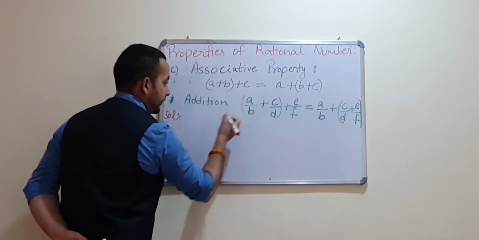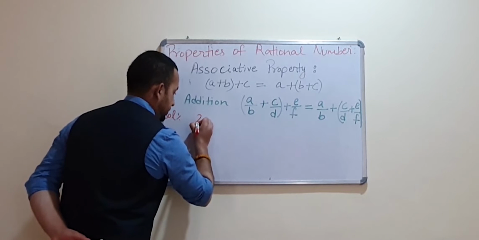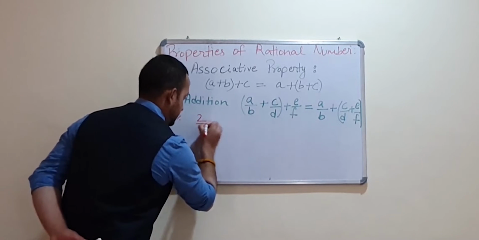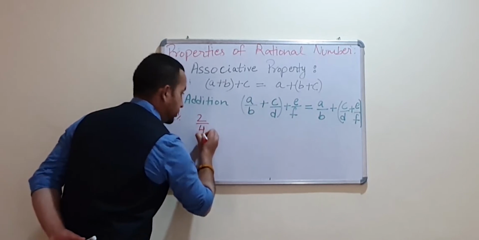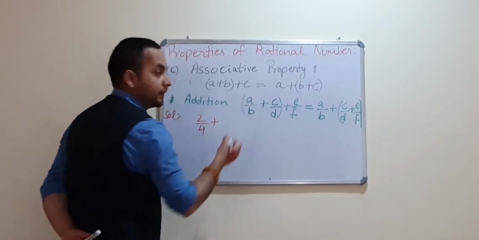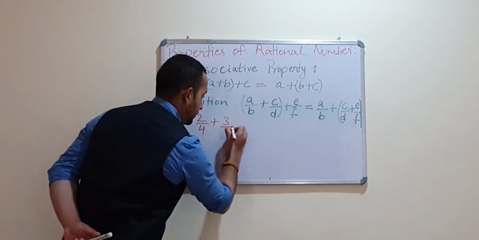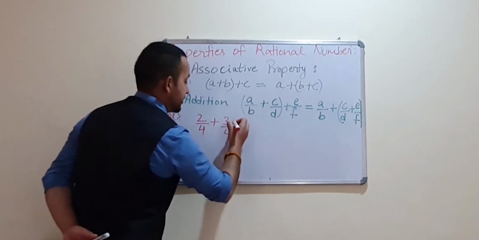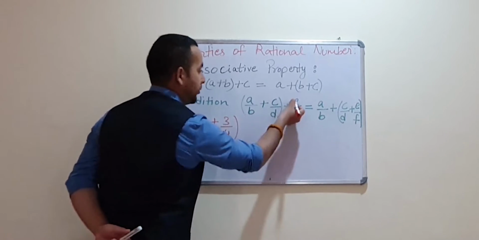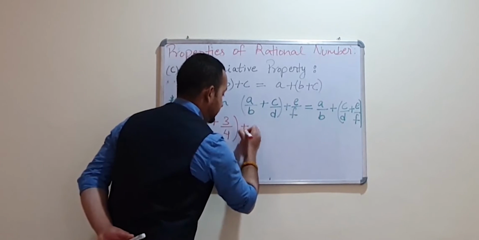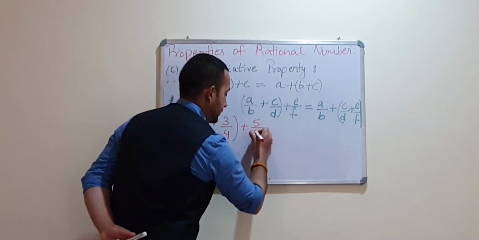So in place of a/b we substitute 2/4, in place of c/d we substitute 3/4, and in place of e/f we substitute 5/4.